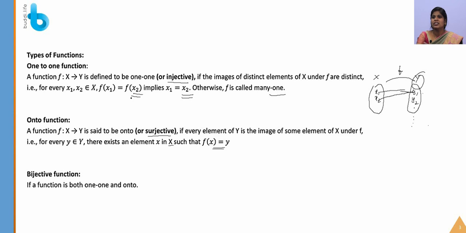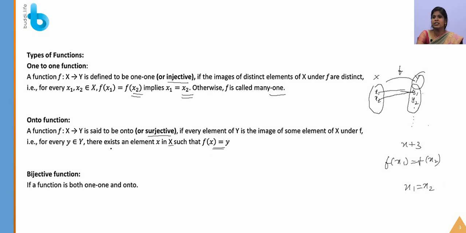For one-to-one, whatever function it may be, you can take f(x1) equal to f(x2). Suppose the function is x plus 3. If you take f(x1) equal to f(x2) and on applying it on the function you get x1 equal to x2, then it is one-to-one.